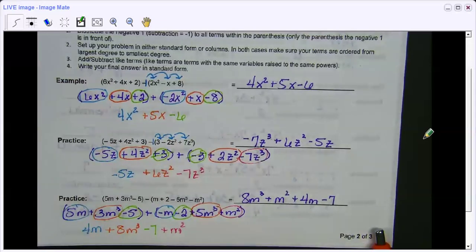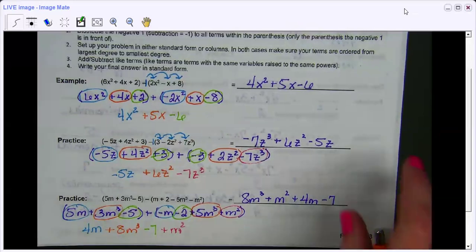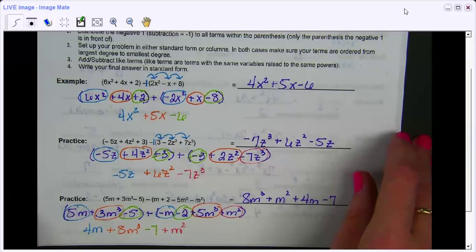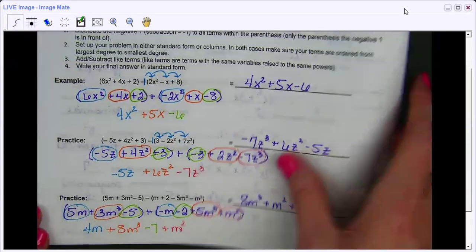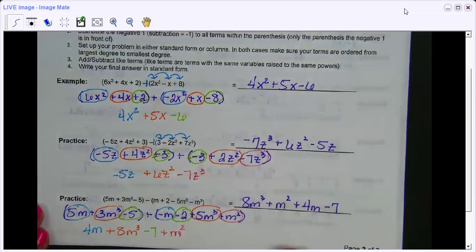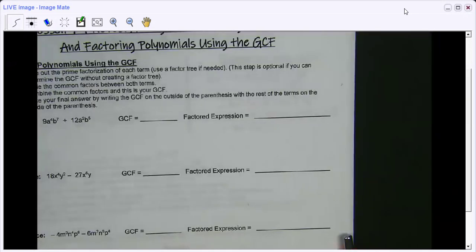Go ahead and check your answer. Are there any questions on this? Okay. Okay, let's go ahead and go to the next page. Unless there's an objection. Okay. All right, let's go to the back.